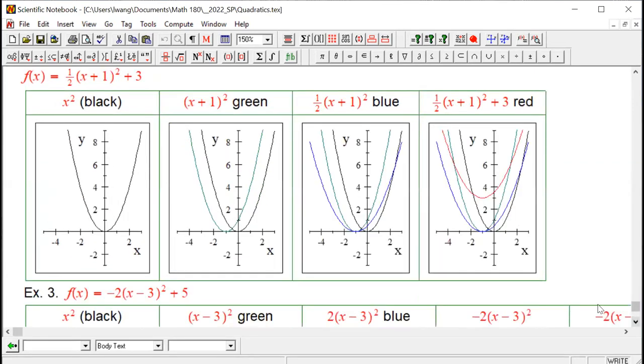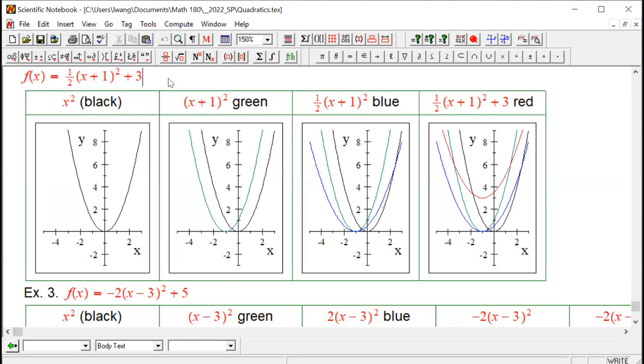In the second case, we're shifting left. The vertex stays at -1, 0, and then of course we make it wider. The blue is wider, but it's still at -1, 0, and then we shift it up by 3.